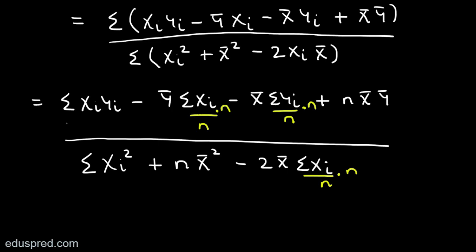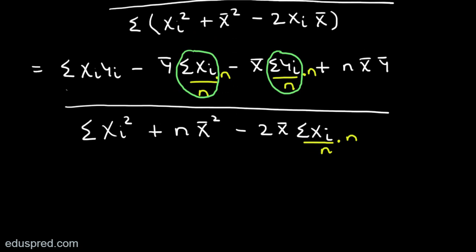So see here, what have I got now? I can write this as x bar because this becomes summation capital Xi by n. And I can write this particular expression as y bar because this is summation capital Yi divided by n.